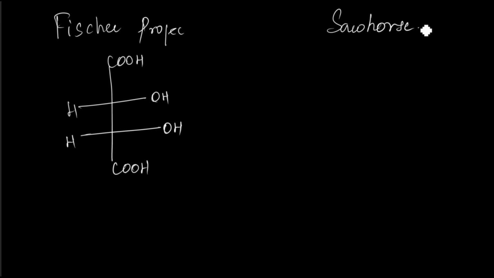So for sawhorse projection, first we have to write the chiral carbons. There are 2 chiral carbons, isn't it? So I'm writing these 2 as the chiral carbons of the given molecule. After that, change the position of the second chiral carbon if both are on the same side.